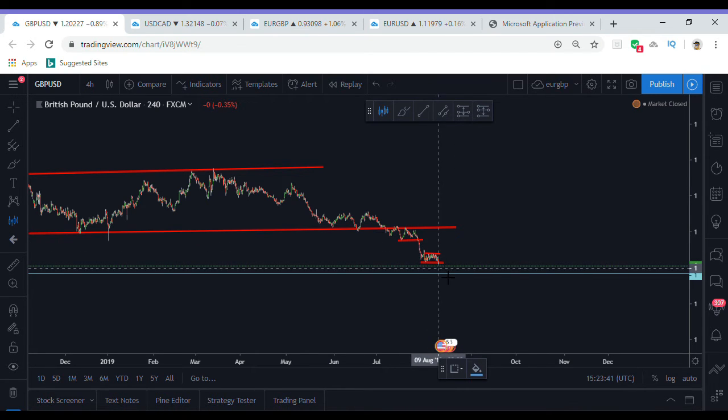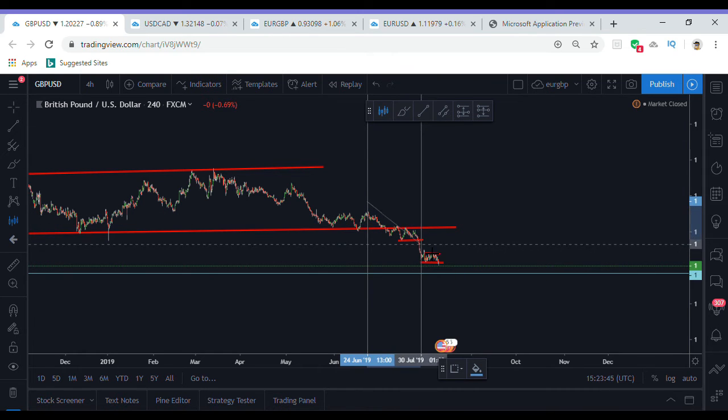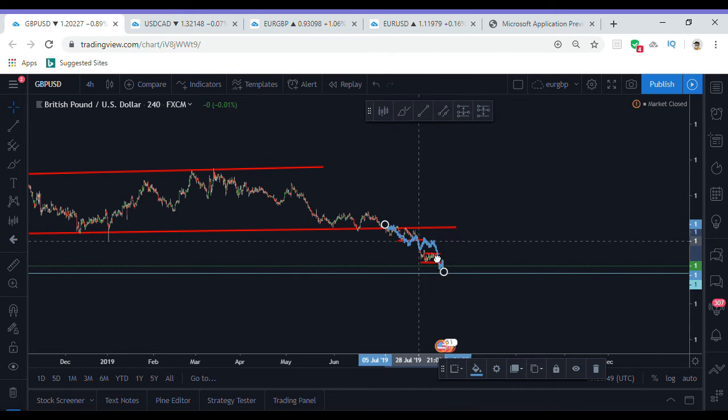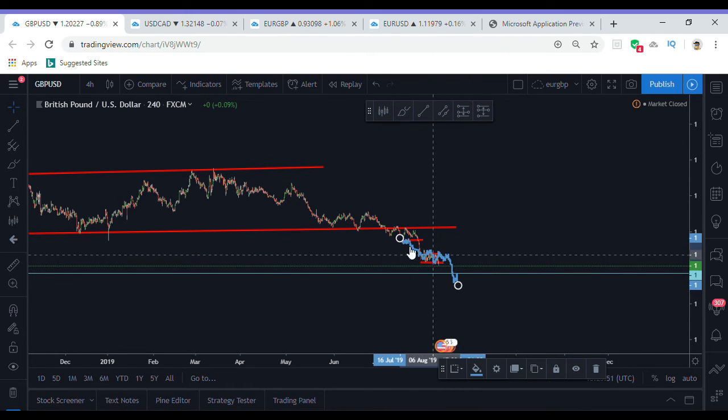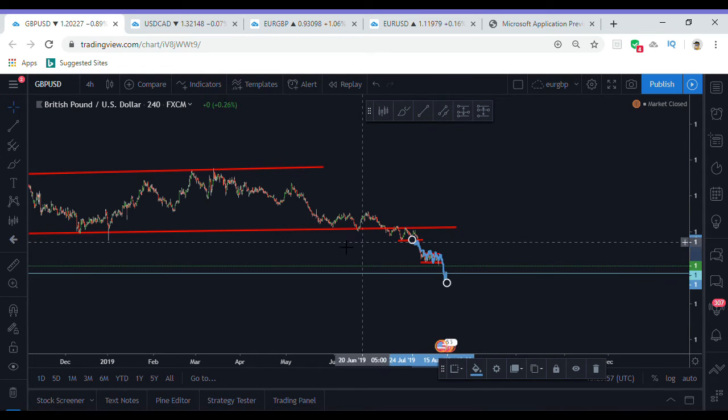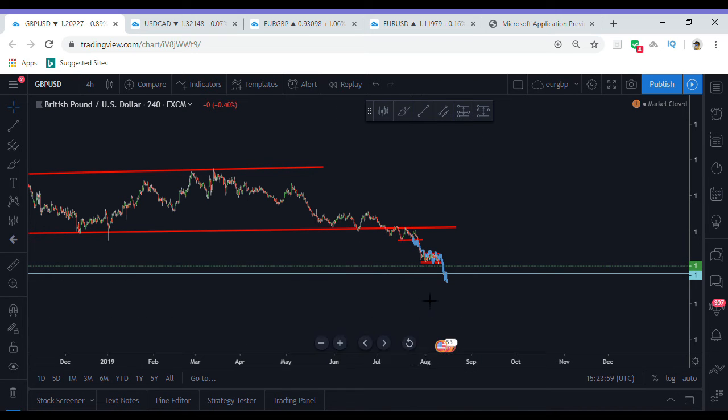Stick, consolidation, continue to downside. I'm going to show you with this bar pattern. We have our stick here from this area. Don't tell me this looks different from what we have here.